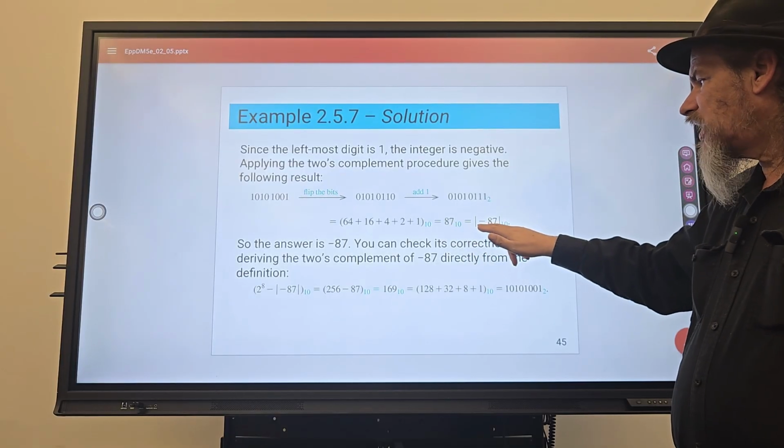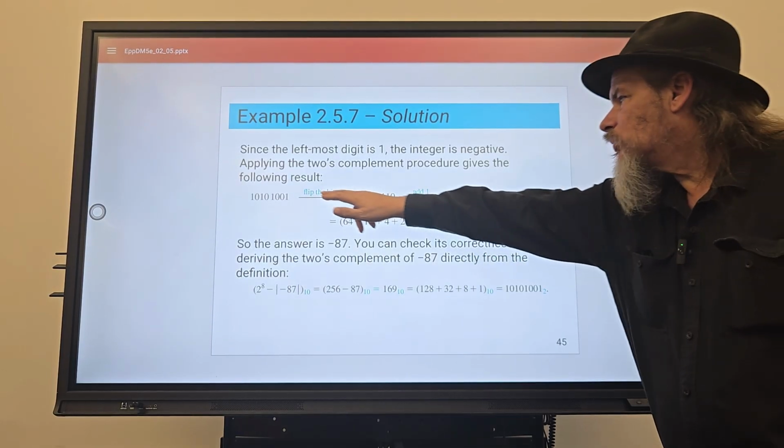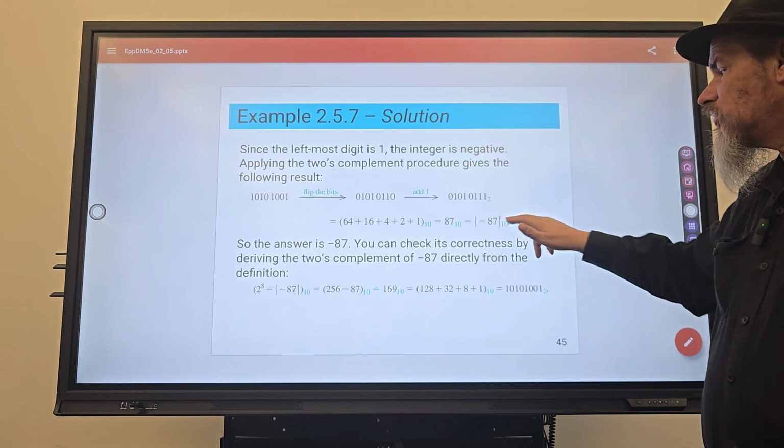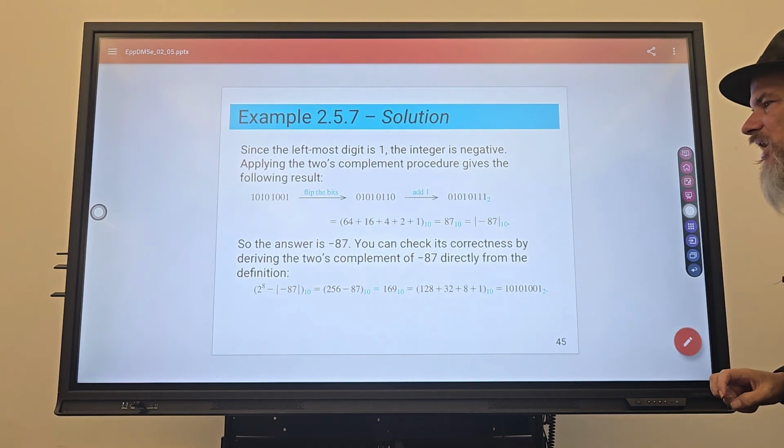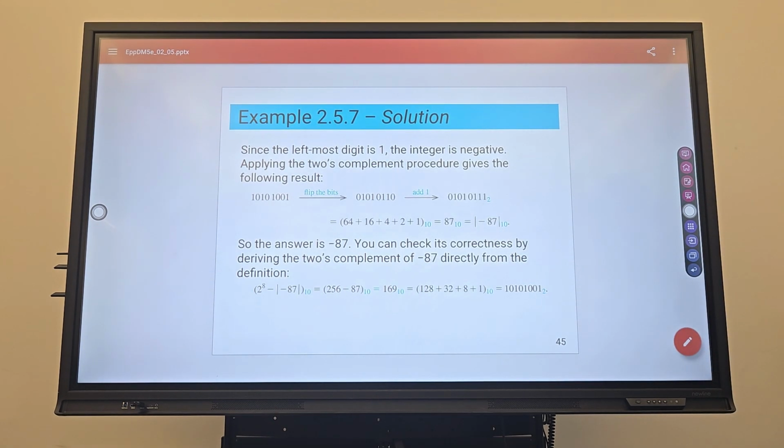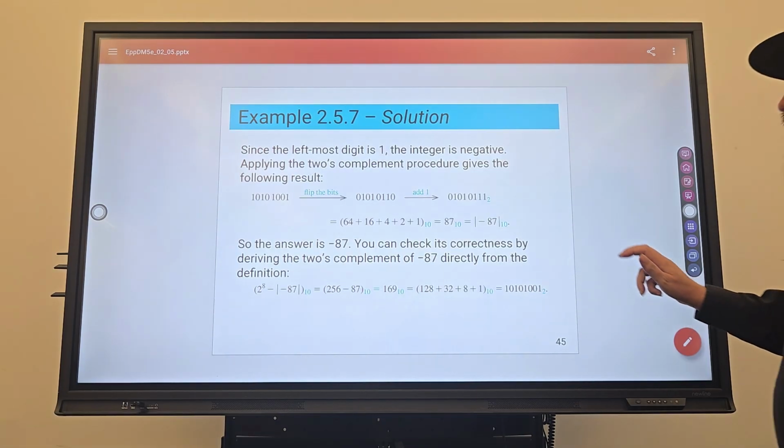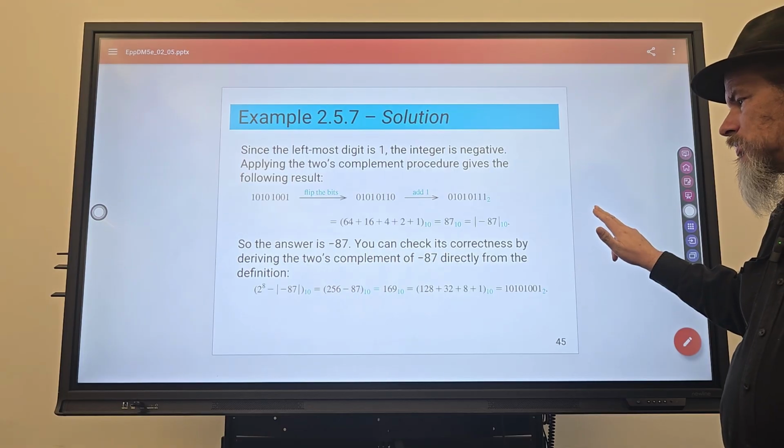But that's the absolute value, and because it had a leading 1, it's a negative number, so you have negative 87.